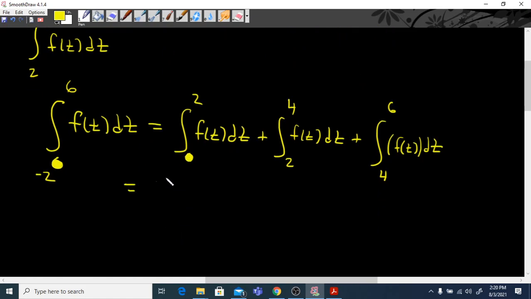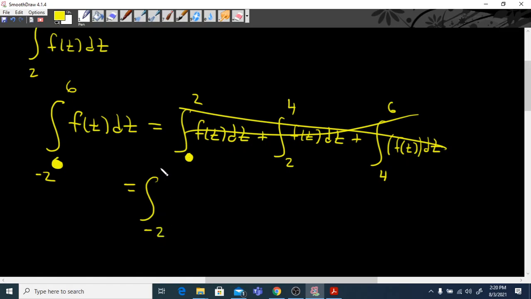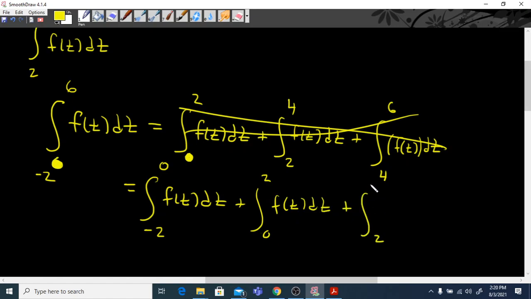So this will be integral negative 2 to 0, plus integral 0 to 2, plus integral 2 to 4, plus integral 4 to 6.